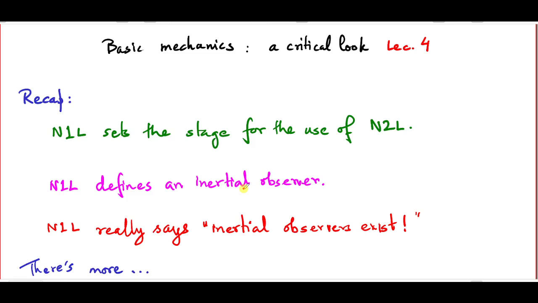Once you use Newton's first law to figure out one inertial observer, you can, of course, then find infinitely many. But finding out the first inertial observer and the fact that you can at all do that, that is the critical input which comes from Newton's first law.